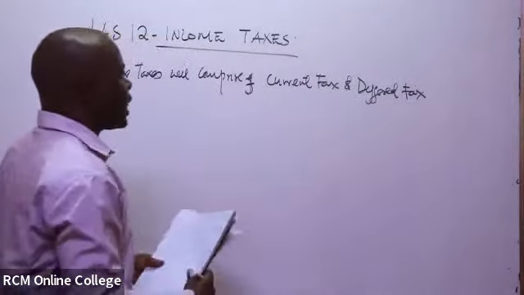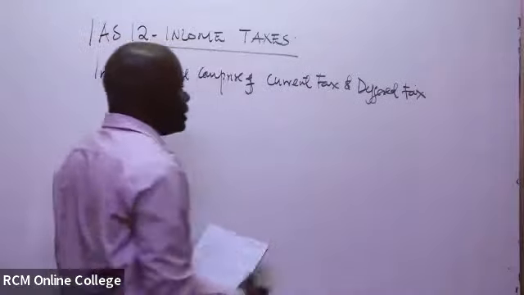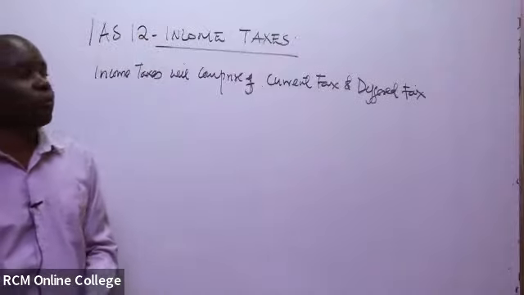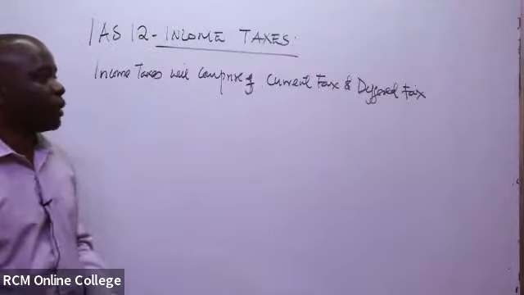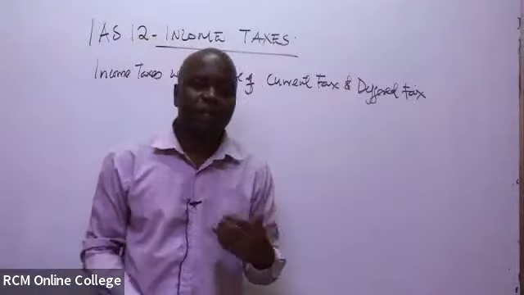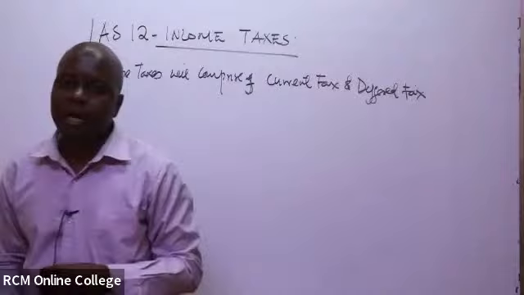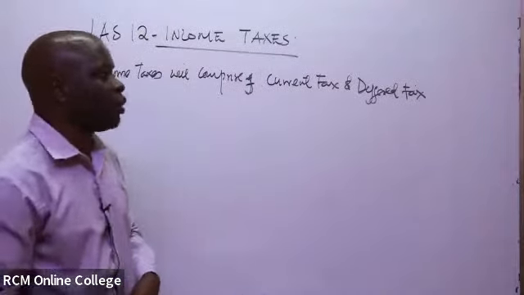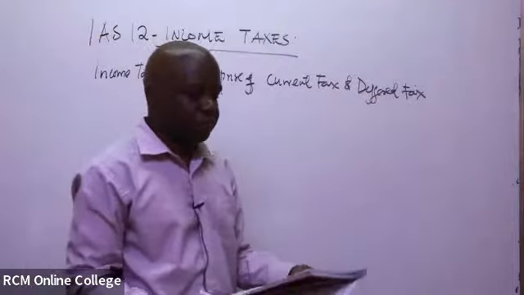When you talk about current tax, just from the term current, it is the tax obligation for the current year. The deferred tax is the tax that you have deferred, that you'll end up having to pay maybe later on in future.